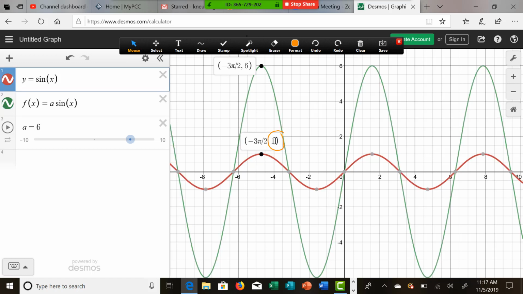So the 1 got moved up to where it is now, this 6 here that you see. And notice, what is our A? Our A is 6. And that 1 got stretched up. In fact, you can see the whole graph getting stretched up so it's taller.